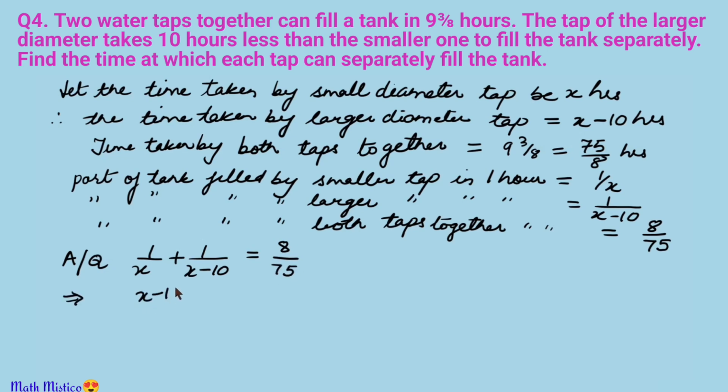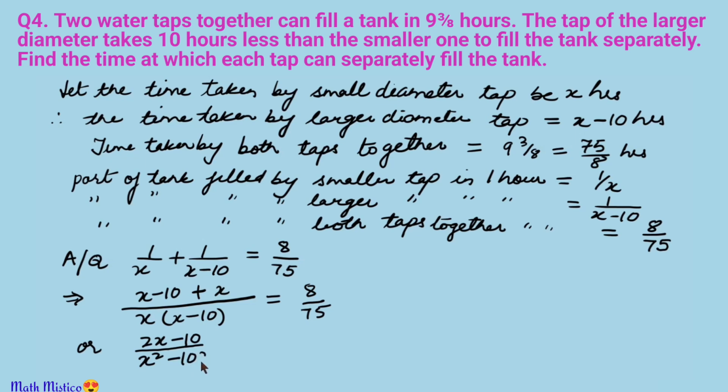Taking LCM, x minus 10 plus x upon x into x minus 10 is equal to 8 upon 75. Or 2x minus 10 upon x square minus 10x is equal to 8 upon 75.